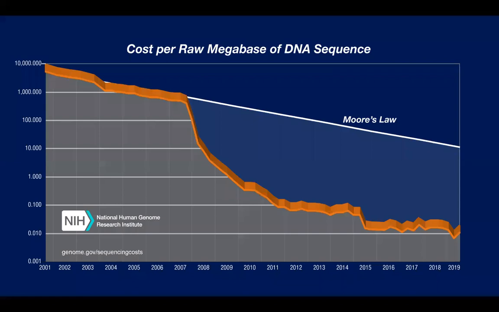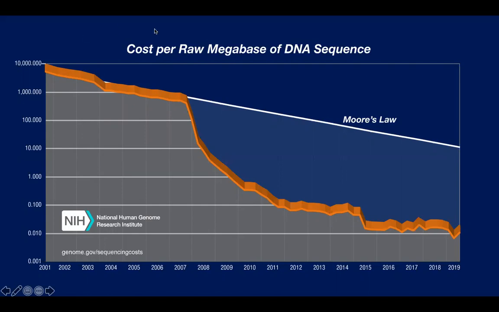So you guys are actually living in an extremely exciting age of biology, and part of that is really driven by the fact that genetics, like genome sequencing or sequencing in general, has become incredibly inexpensive. So this is a graph that's put out every year by the National Human Genome Research Institute.